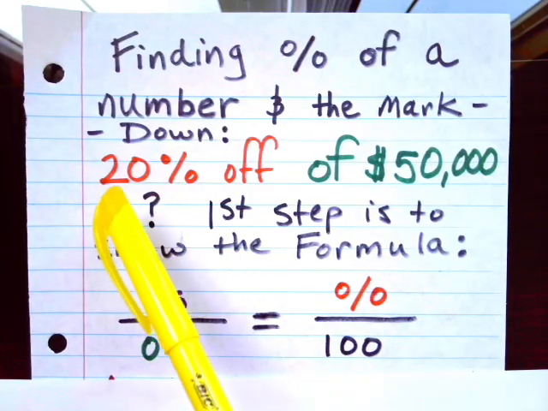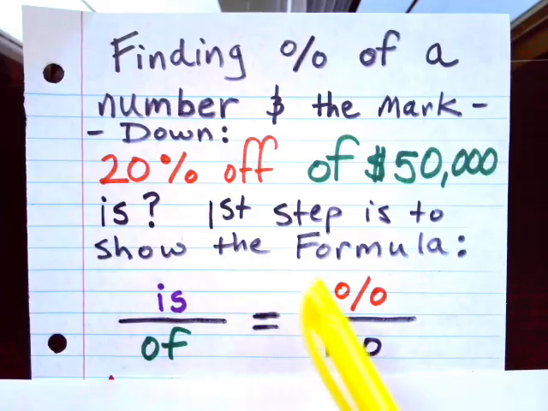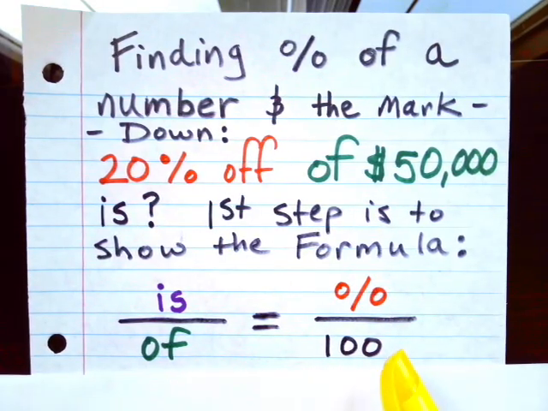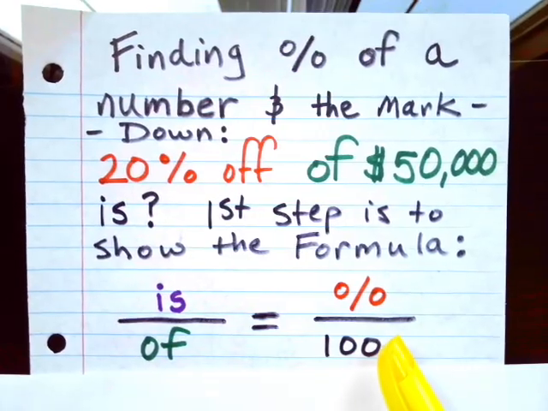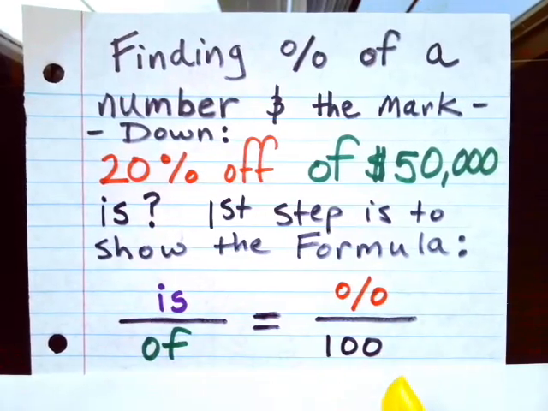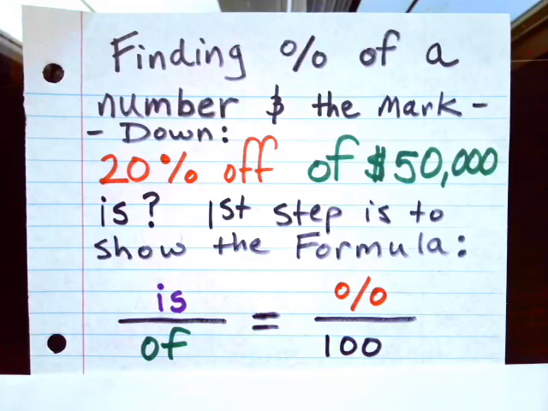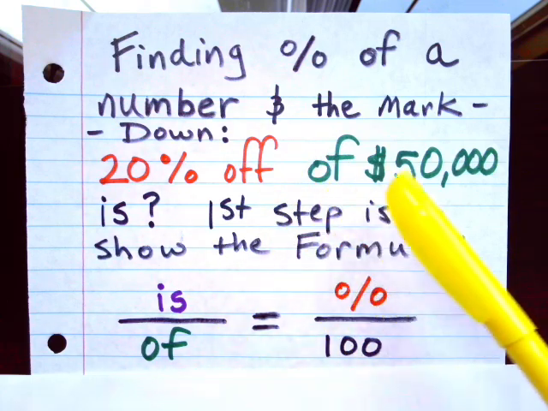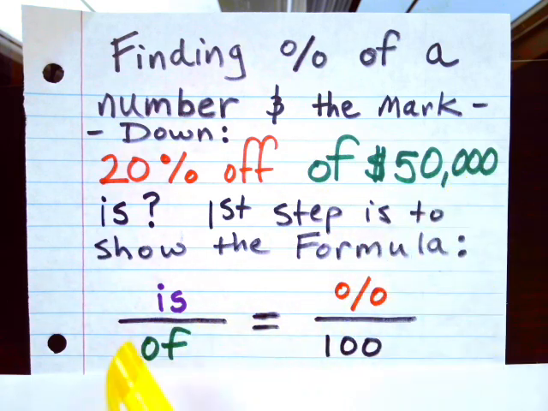So here in the question, 20 is the percent, so I'll substitute 20. It'll always be over that value of 100. Now we're trying to find the is or the of. So up in this question, we have of $50,000.